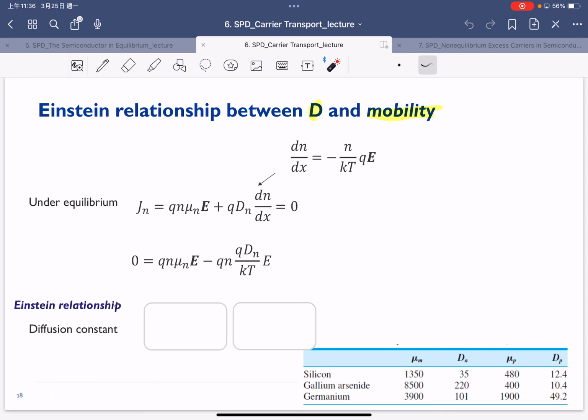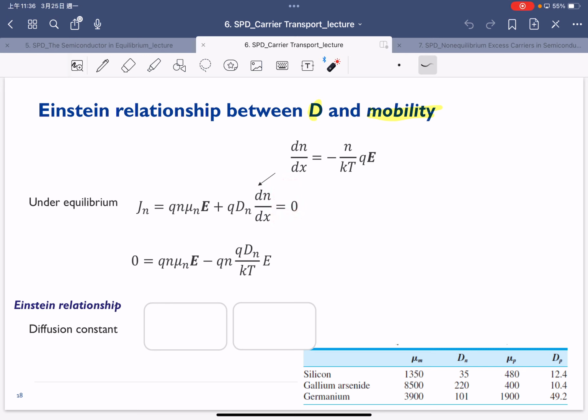In the case of the equilibrium, this current is equal to 0.